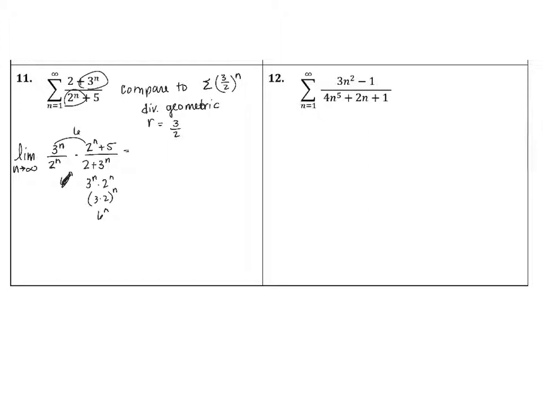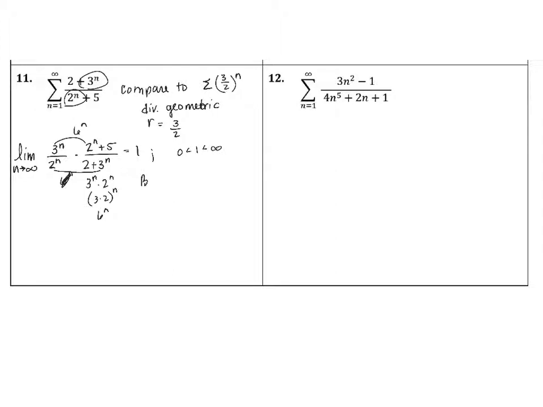So that's happening in the numerator. And if we look at this all the way out here, that's going to happen as well right there. So we're going to have 6 to the n compared to 6 to the n. So that looks like that's going to end up being 1. So again, that is definitely between 0 and infinity.